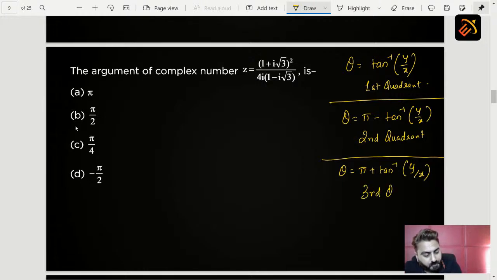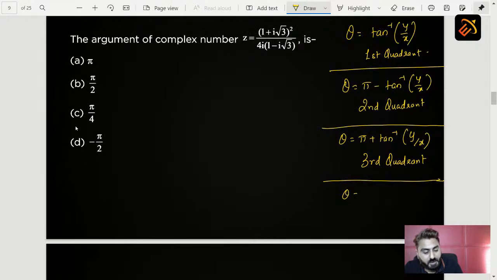And what if it lies in your fourth quadrant? In the fourth quadrant, x is positive, y is negative, and the formula for theta in the fourth quadrant will be theta is equal to 2 pi minus tan inverse y by x. This is the value of amplitude for your fourth quadrant.